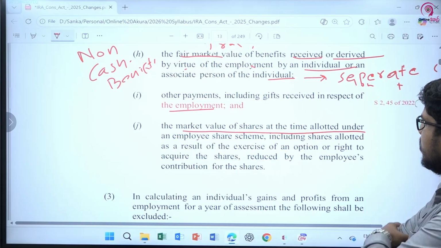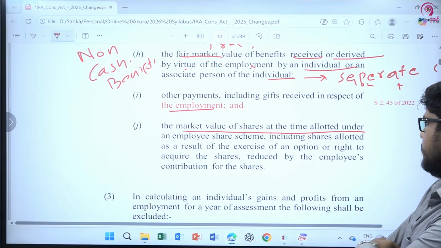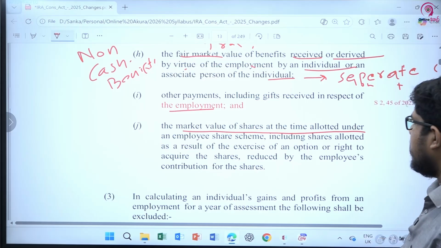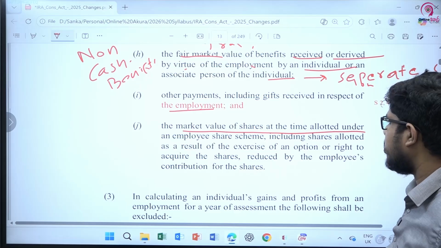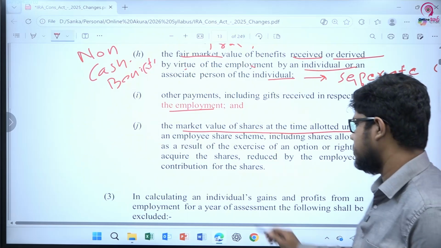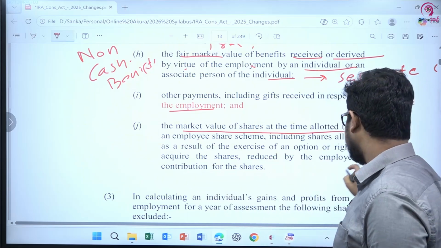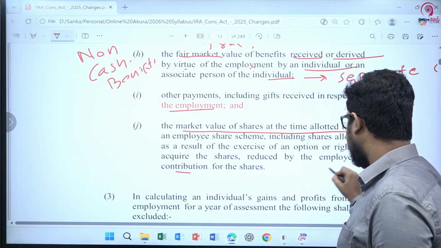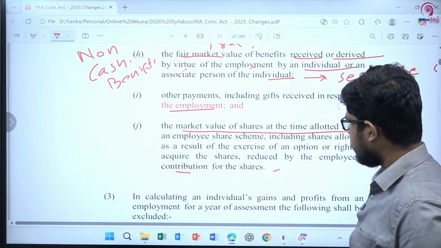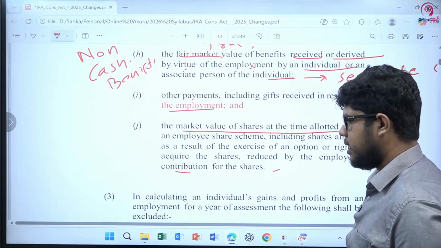The market value of shares at the time of allotment under an employee share scheme, including shares allotted as a result of the exercise of an option or right to acquire the shares, reduced by the employee's contribution for the shares. I'll keep it for you to understand for a moment.